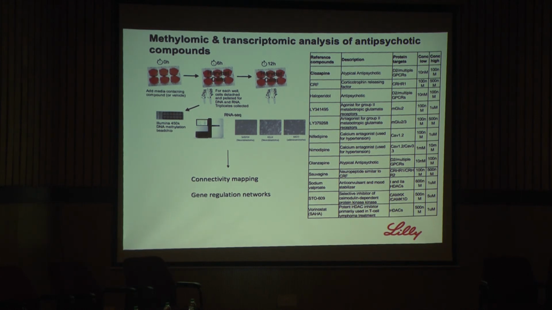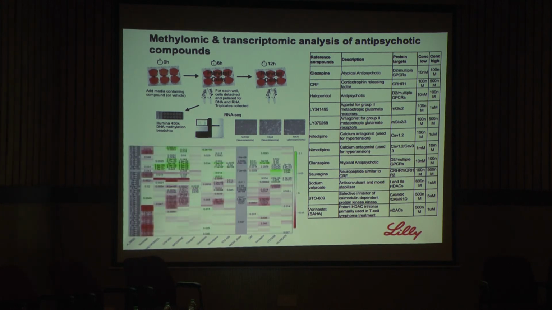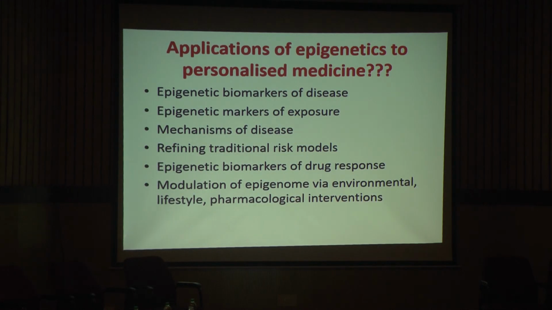But also, because they have such severe side effects, designing drugs that do very similar things but maybe don't have the unwanted consequences of exposure. And Joanna's going to talk to you later today about some of her work on this, using zebrafish, again modelling effects of clozapine on gene regulation.